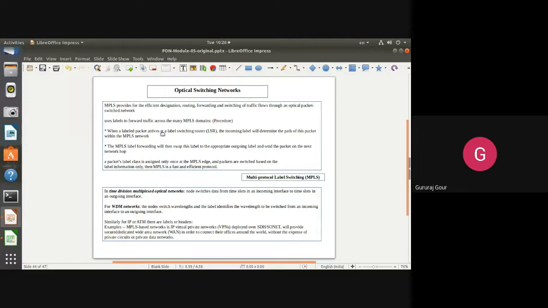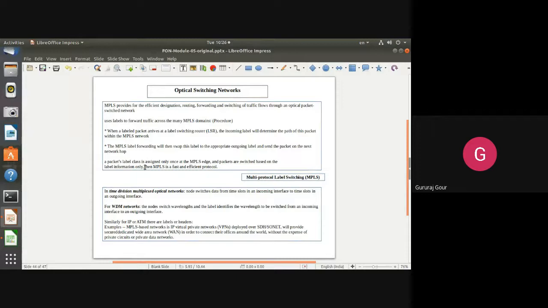So when this router gets such a labeled packet, the incoming label will decide the path of this packet within the MPLS network. That is important. Then the router will swap this label to the proper outgoing label, and send the packet on to the next network node or hop.